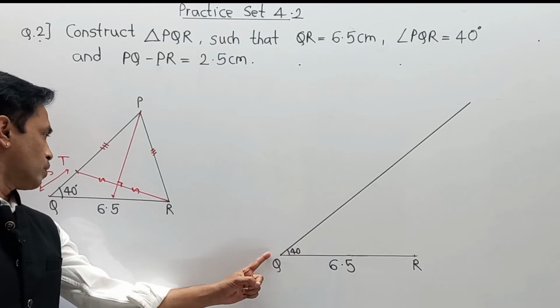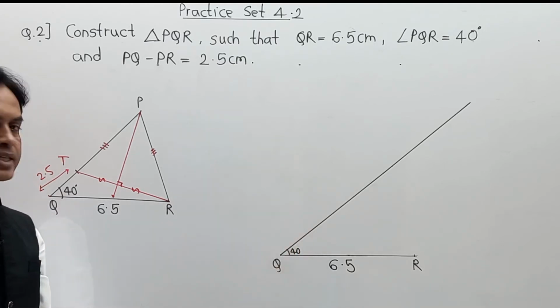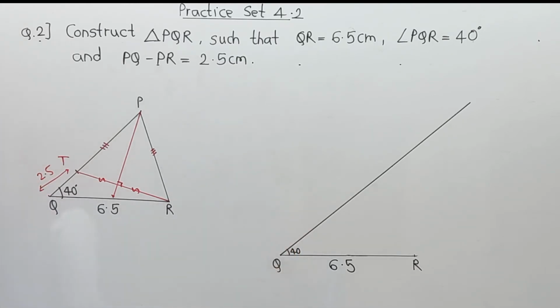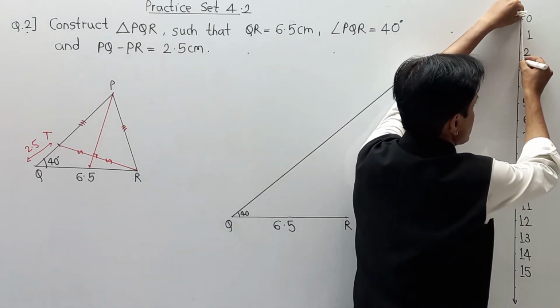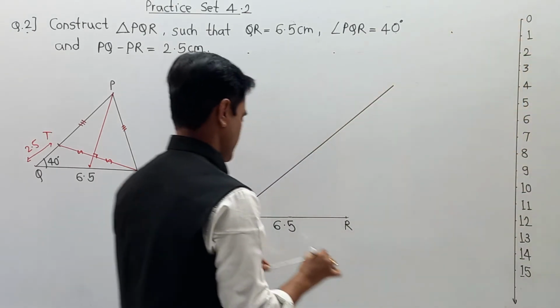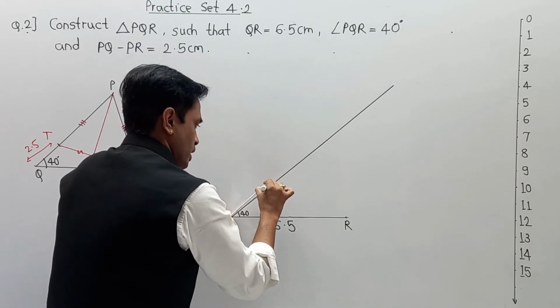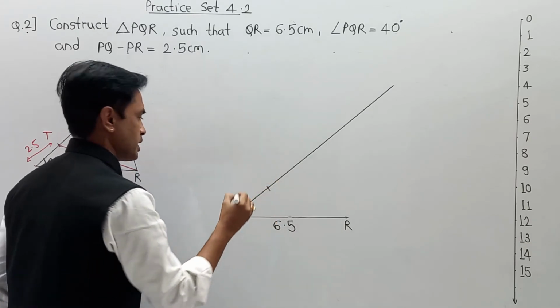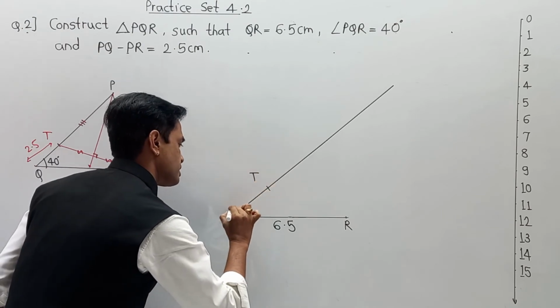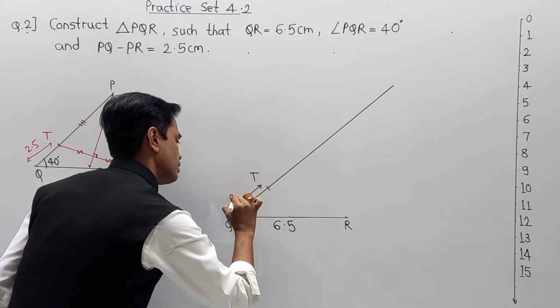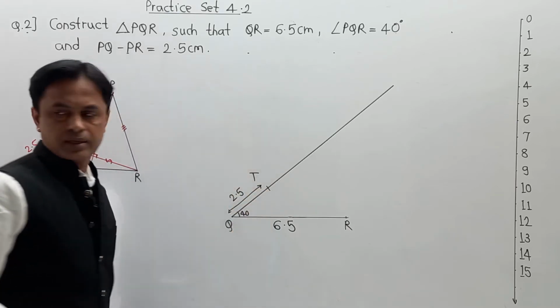Now from Q, we have to take a point T at a distance 2.5 centimeter. So from point Q at a distance 2.5 centimeter, we have highlighted this point as T, and this distance is 2.5 centimeter.